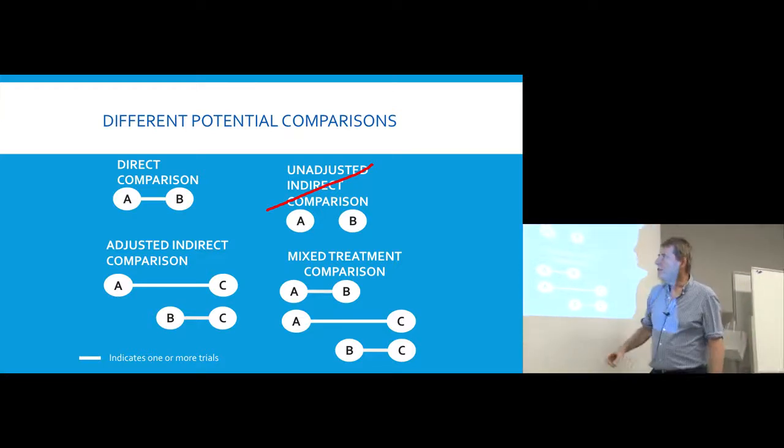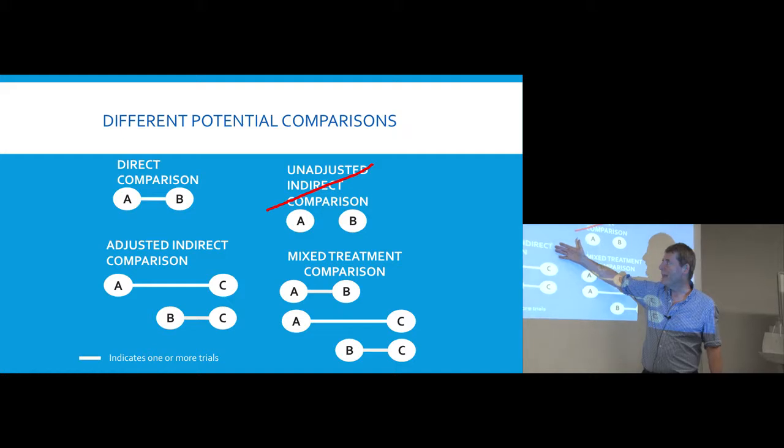On the other hand, you might have what's called an adjusted indirect comparison.